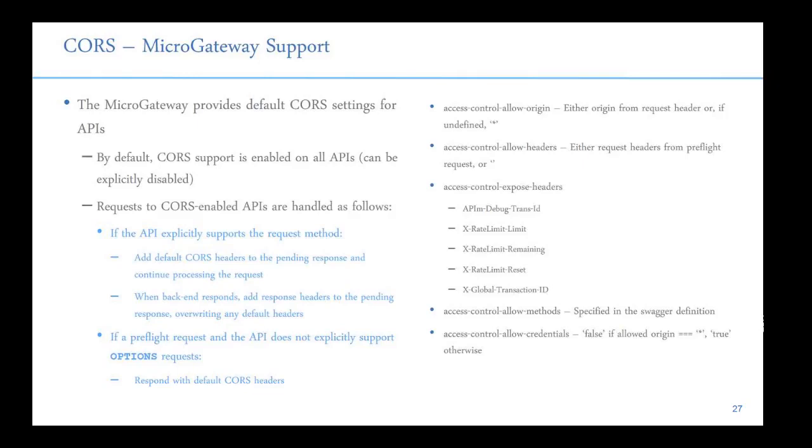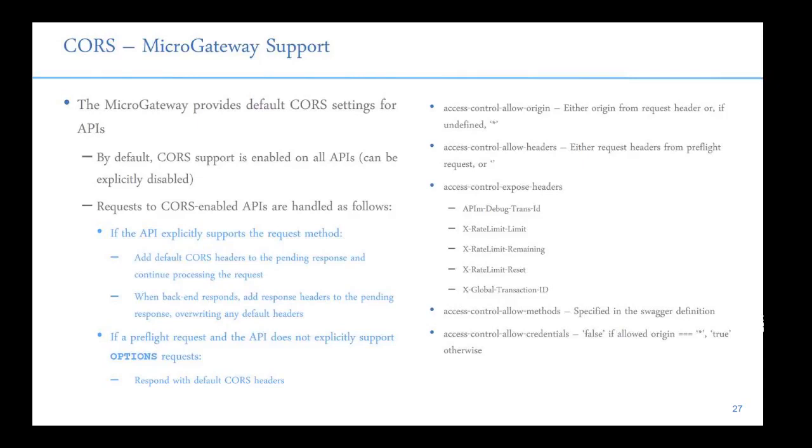Then we expose the following headers, just internal headers that might be relevant to the client, various headers that might be allowed or provided. And then the allow methods are those that are specified by the Swagger definition, so just those that we actually have support for proxying, in other words.